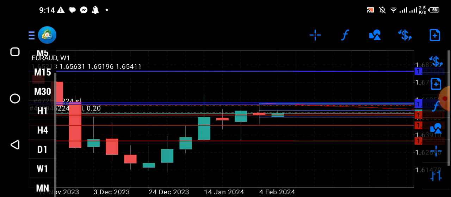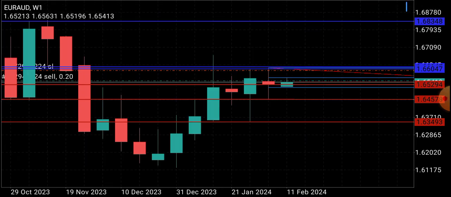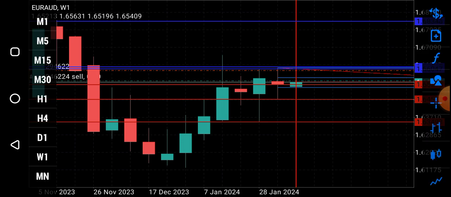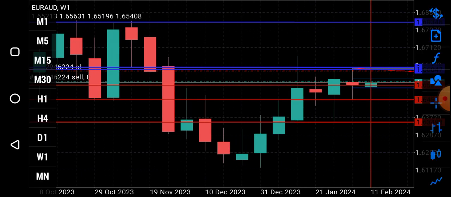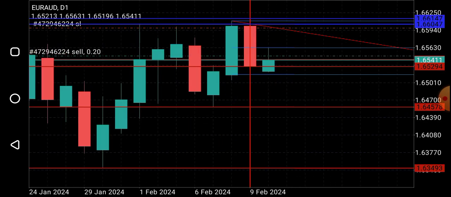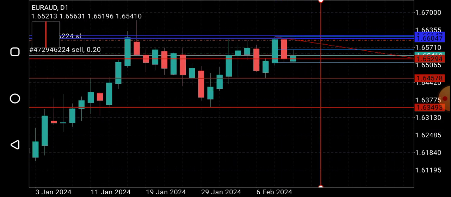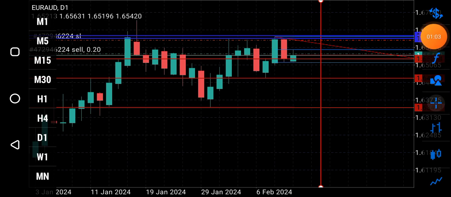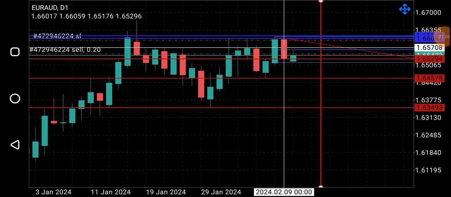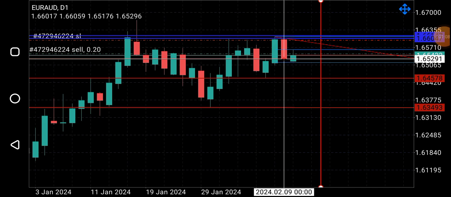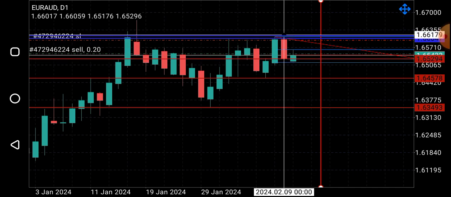So let's go down to daily. After the formation of the spinning top on weekly, we should have a bearish reversal pattern on daily. What we had on daily looks like a marubozu, a bearish marubozu, which indicates a change in trend from bullish to bearish.